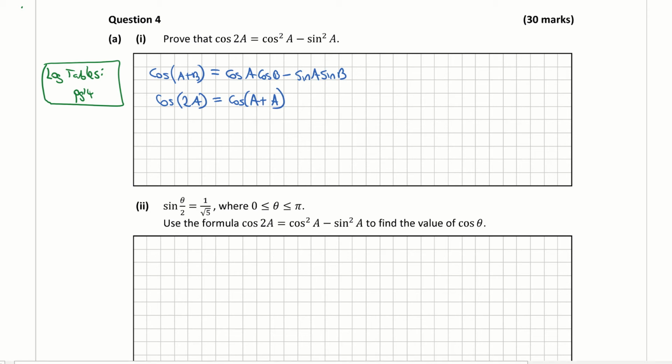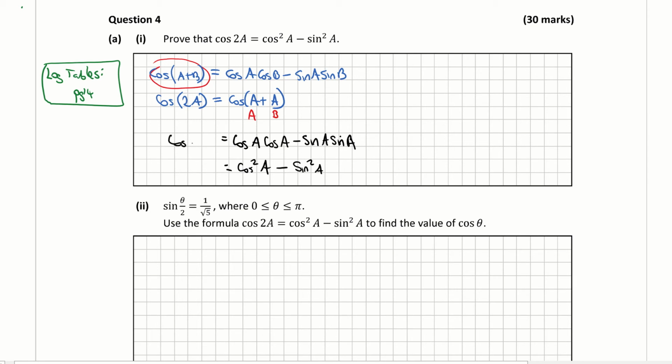So if I use that here, all I'm going to do is sub in capital A for A, and I'm going to sub in capital A for B because I'm going for 2 times A. That gives me cos A cos A, minus sine A sine A. When I multiply cos A by cos A, I get cos squared A. And when I multiply sine A by sine A, I get sine squared A. That's basically what they wanted us to prove.